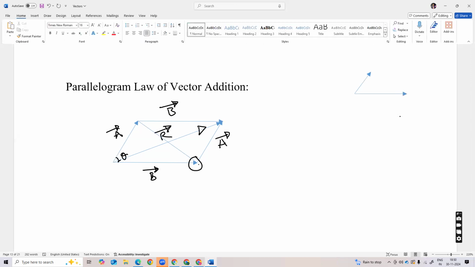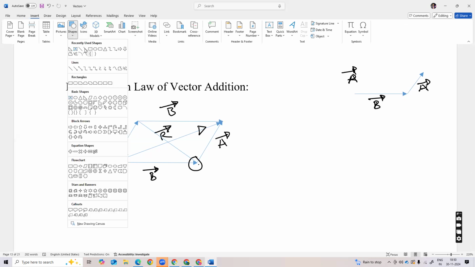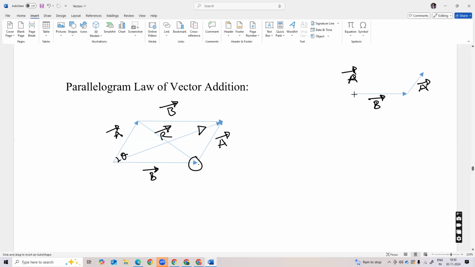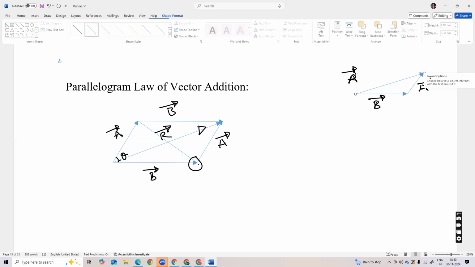Let's say you have vector A, you have vector B. Now you have moved vector A such that the tail of vector A is touching the head of vector B. Then the closing vector, the vector which is originating from the tail of B and reaching the head of A, is basically the resultant of these two vectors.